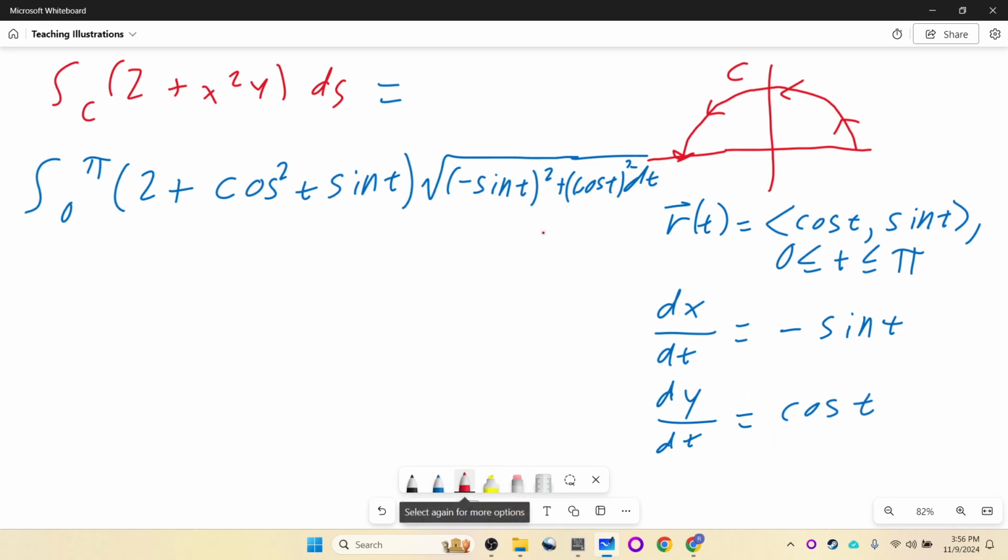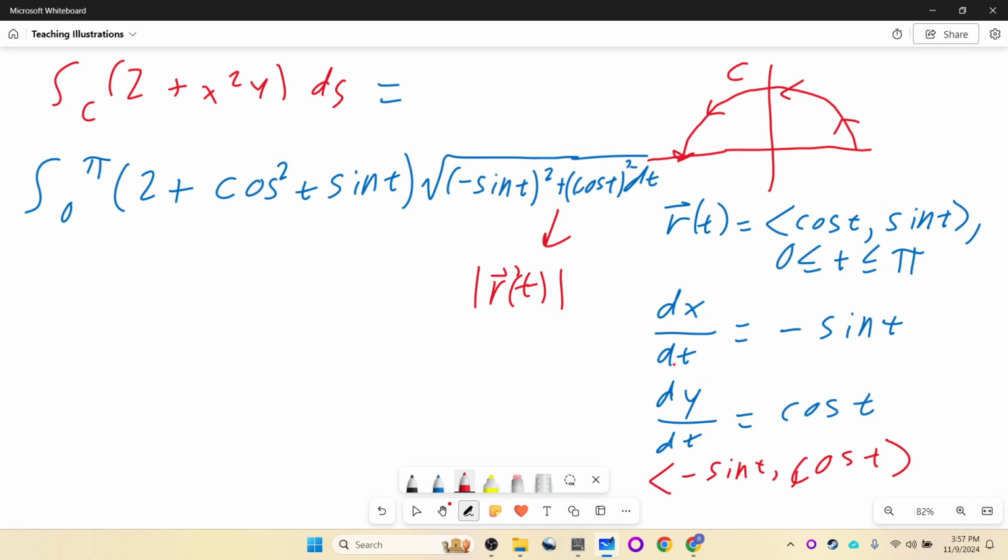What you might notice is that this is in fact just the length of r prime of t, because r prime of t would be this vector here, negative sine t, comma, cosine t.